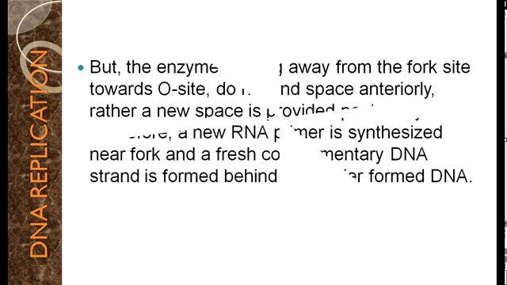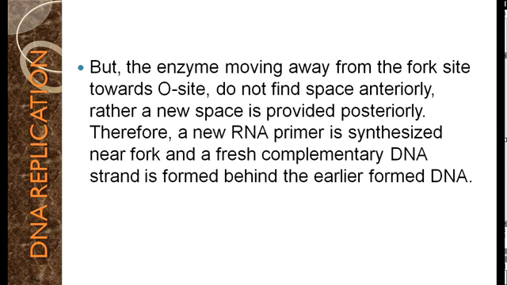But on the minus strand, a space is formed near the fork. RNA primer is formed near the fork, and so DNA synthesis takes place away from the fork towards the origin site. So when the enzyme comes to the origin site, there is no space to move further.